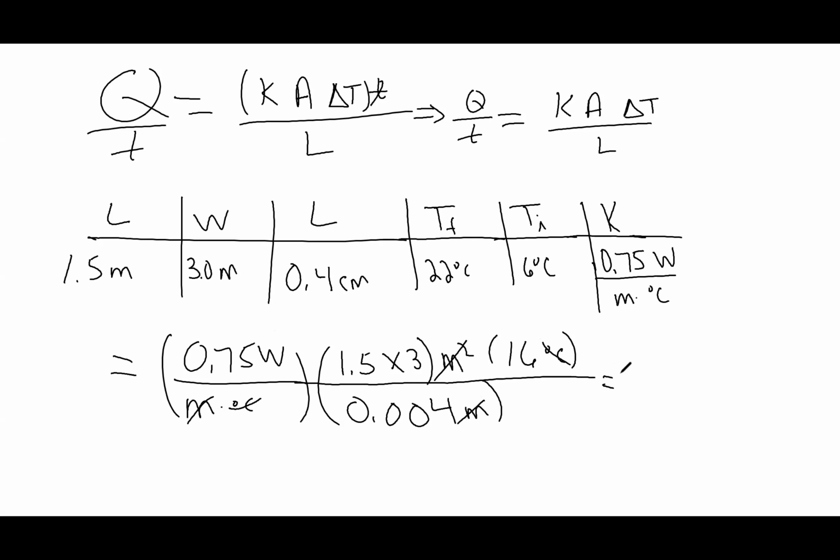Use your calculators, please. Just give me the number, then we'll go and see what that letter is. Okay, so you got 0.75 times 1.5 times 3 times 16 divided by 0.004.